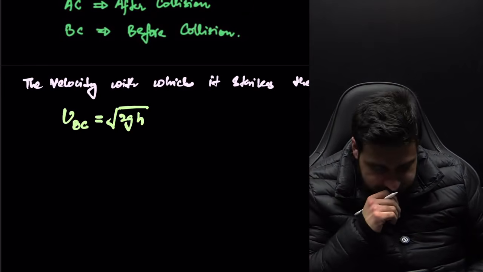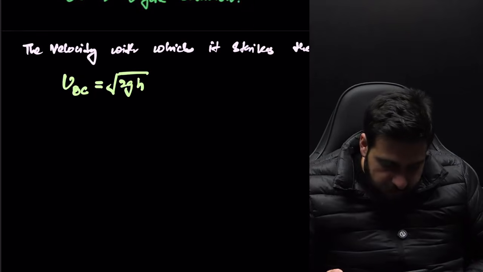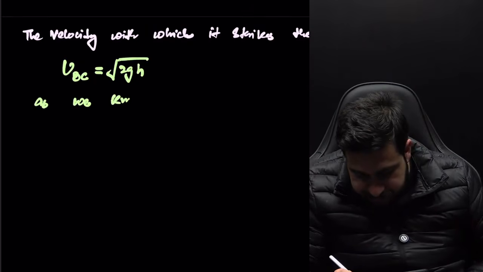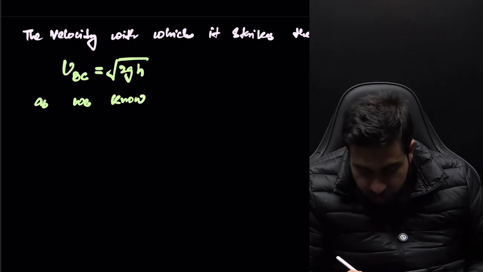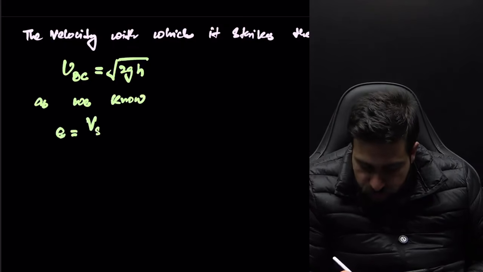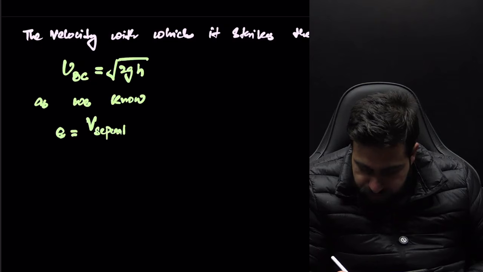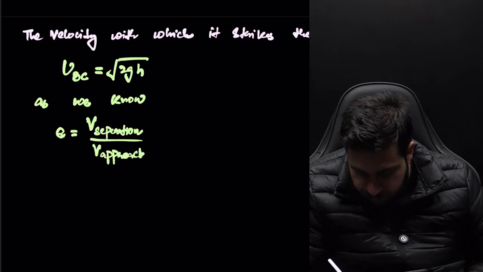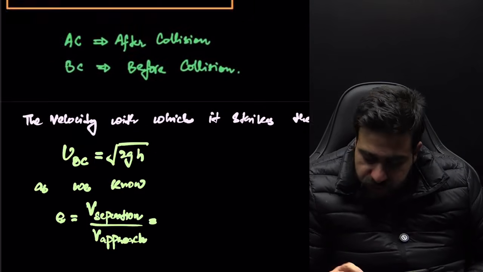Now tell me, we can say, as we know, what is the coefficient of restitution? Coefficient of restitution is velocity of separation divided by velocity of approach. The velocity with which they are colliding is the velocity of approach. The velocity with which they separate after the collision is the velocity of separation.